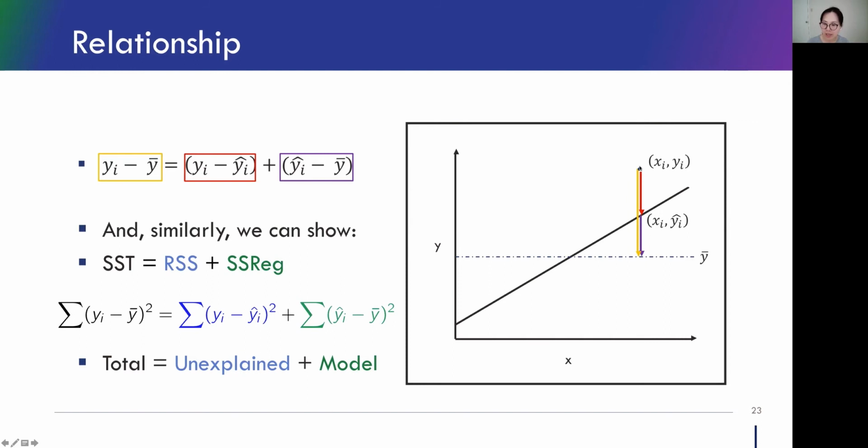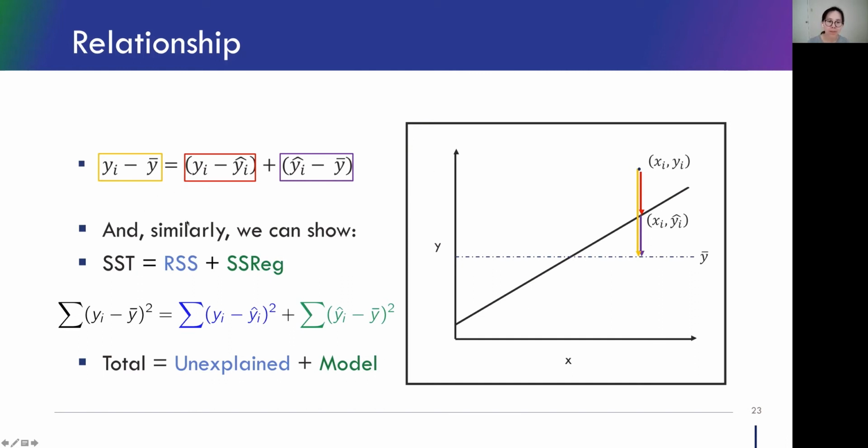The first one is yi minus yi hat, where yi hat lies on the regression line. Another quantity is yi hat minus y bar. Summing these two equals the total distance, because the yi hat terms cancel, and it's intuitive from this plot.